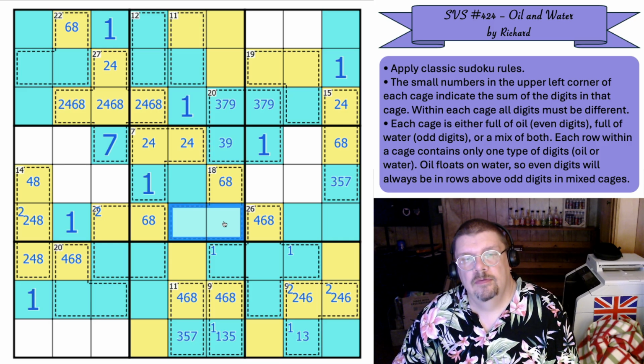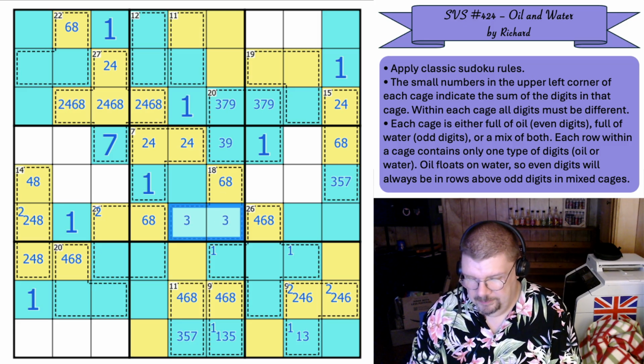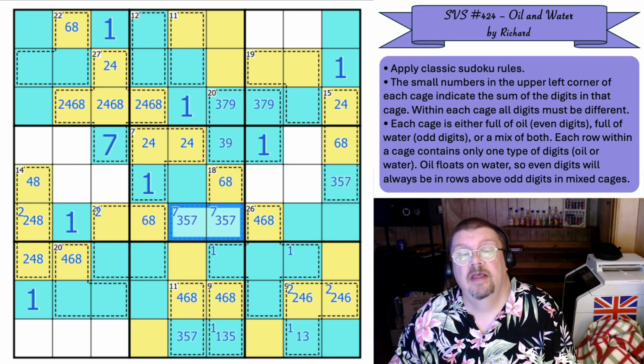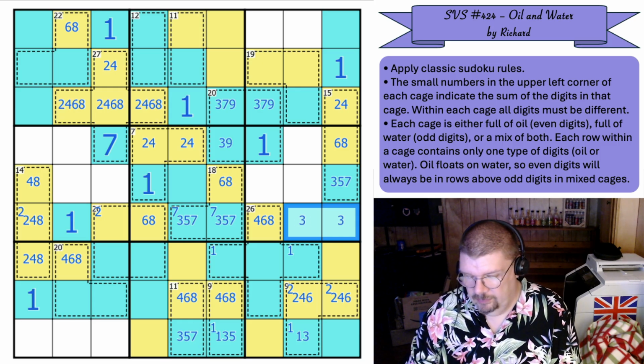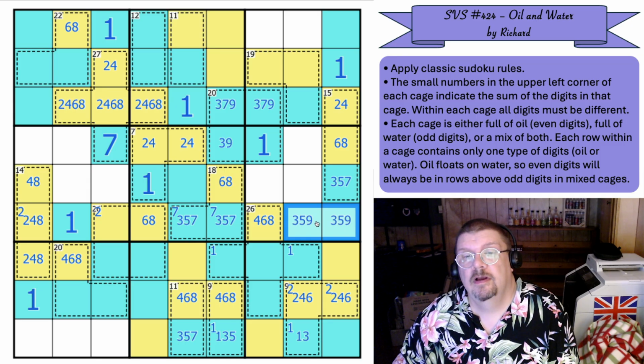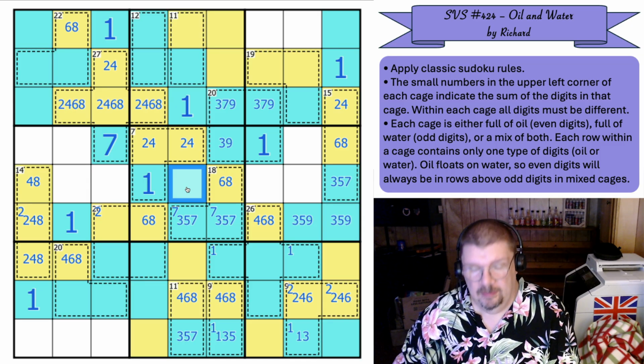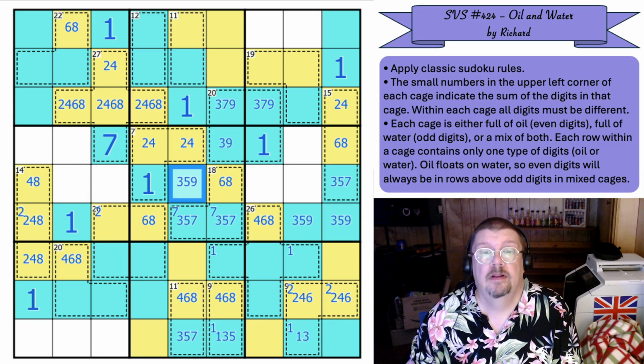So 3, 7 if this is 8, or 5, 7 if this is 6. And there is definitely a 7 in there. So that's from 3, 5, and 9, because it can't be 1 or 7. That's from 3, 5, and 9 as well.